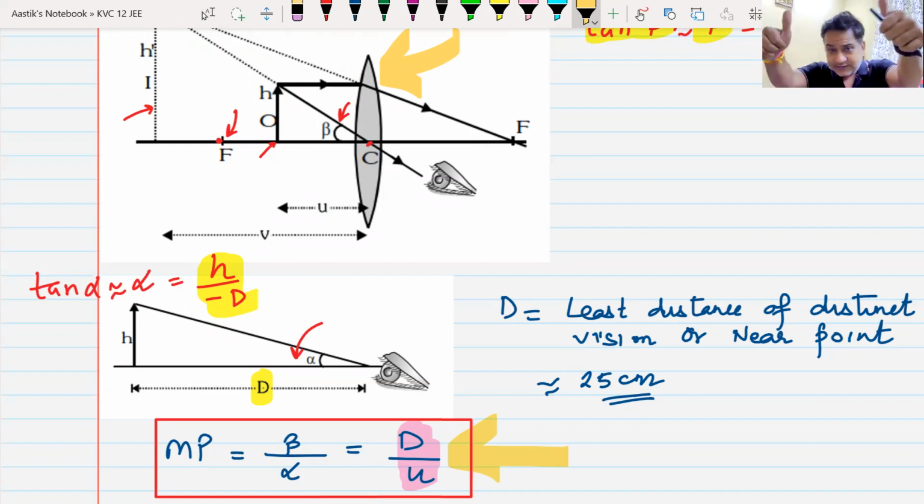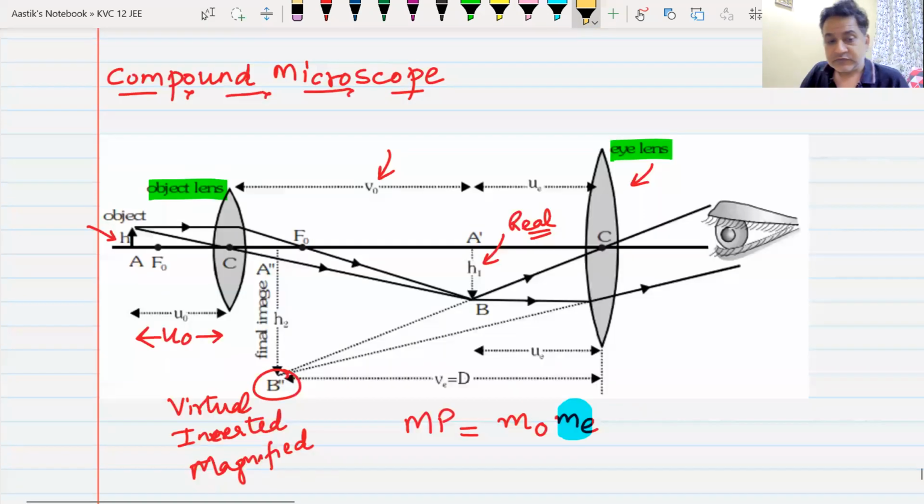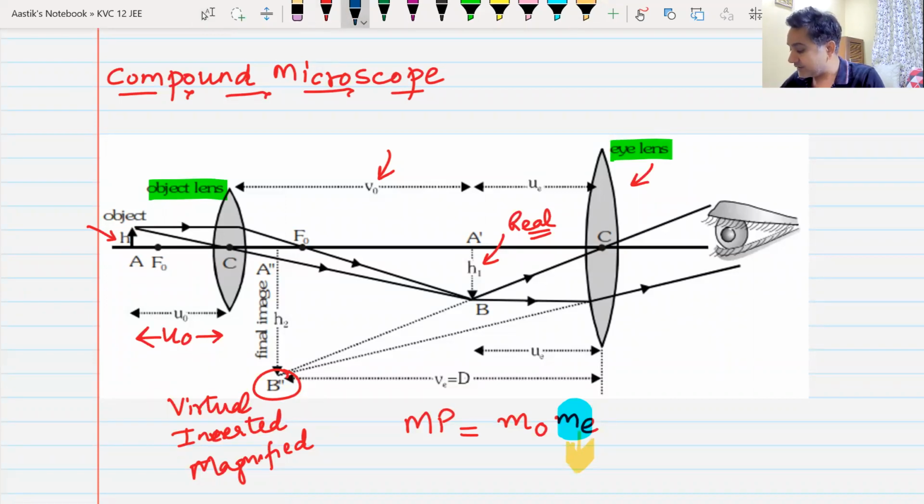Do we understand this? This is the way I remember it, and probably you can remember it this way too. So, one thing is known. This ME can be written as D divided by UE. There it was D by U. Here it is D divided by UE because it is the eyepiece. Do we understand this?